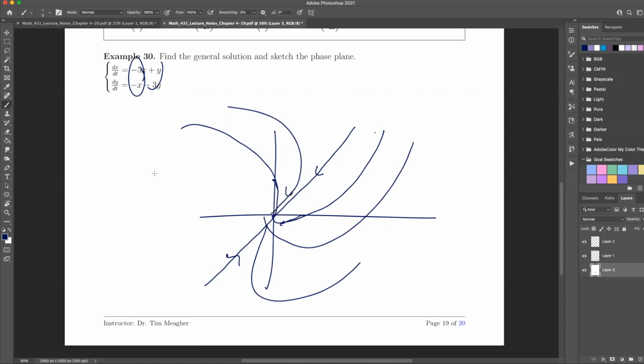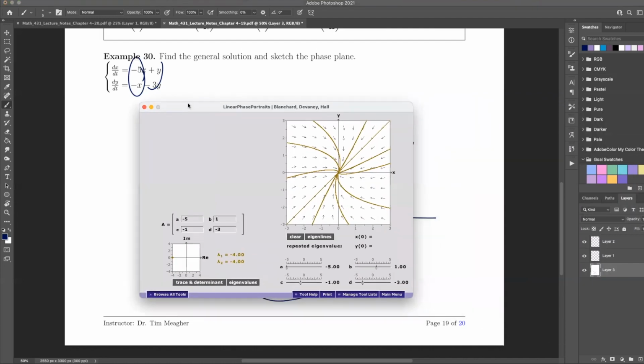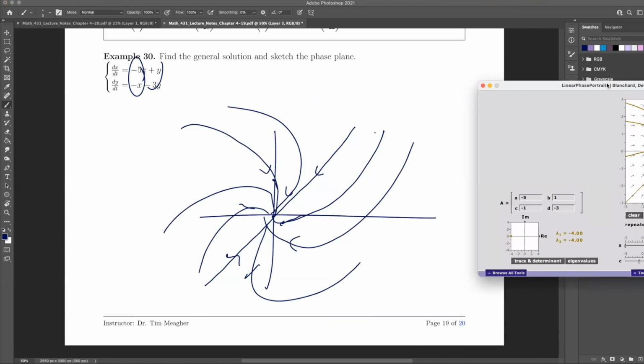Here I have it a little bit exaggerated from what it actually is, but you can see there is some curvature to the lines. It's most exaggerated, of course, opposite from it. So that's how you draw those in.